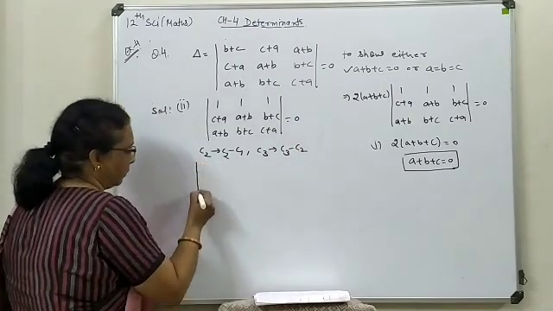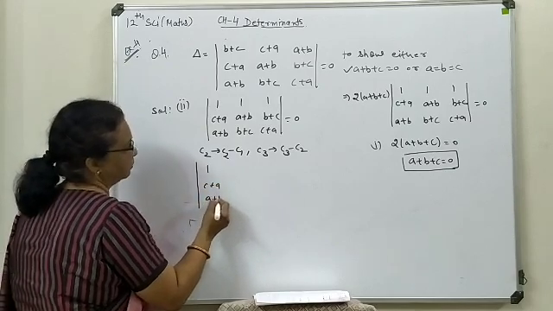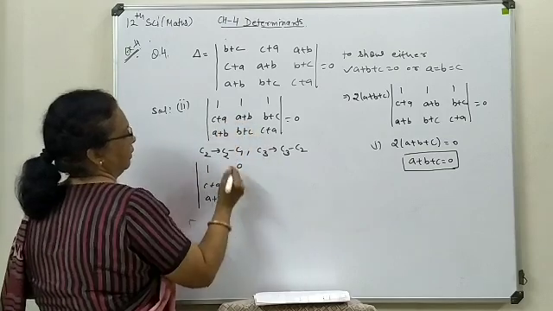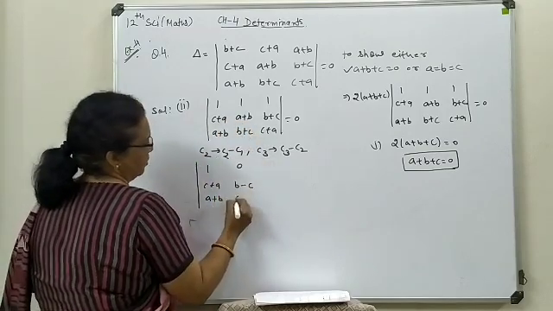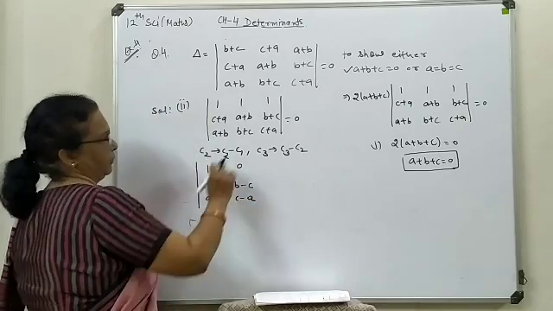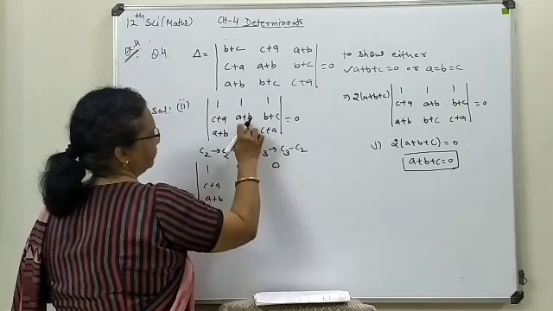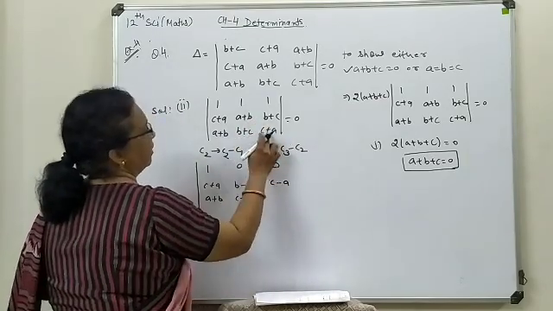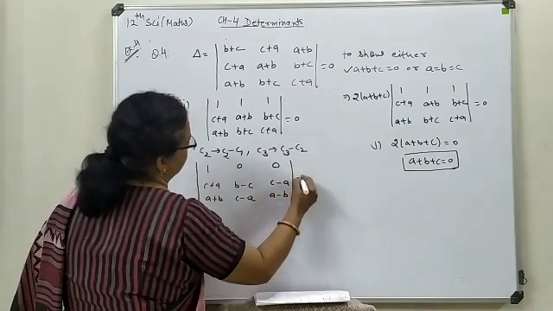So implement this property. The first column remains unchanged. This will be your 0. On subtracting, a cancels and b minus c is left with you. Here on subtraction, c minus a is left with you. Second column subtracted from the third one, that will be 0. b cancels, c minus a. Here on subtraction, c cancels, it is a minus b.